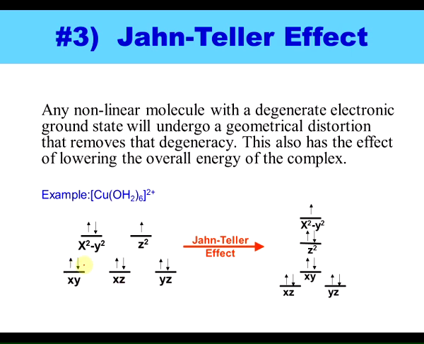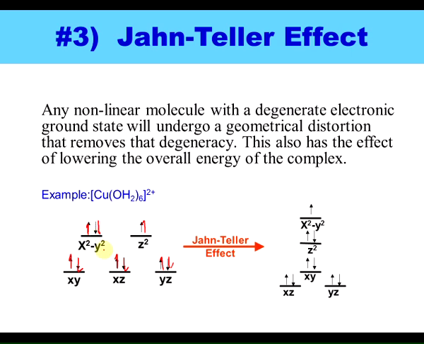Because if we were filling in the electrons for 9 electrons, so let's say 1, 2, 3, 4, 5, 6, 7, 8, and our 9th electron, we have a choice of putting into the x squared minus y squared or the dz squared. So here we're just showing it in the x squared minus y squared.